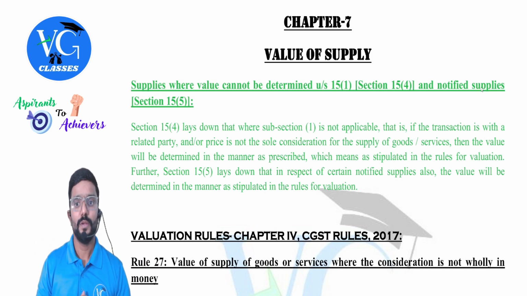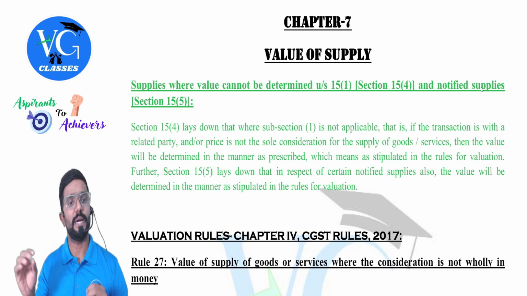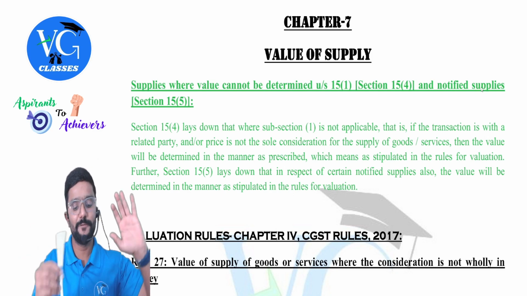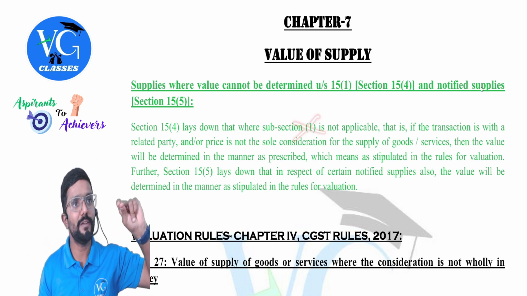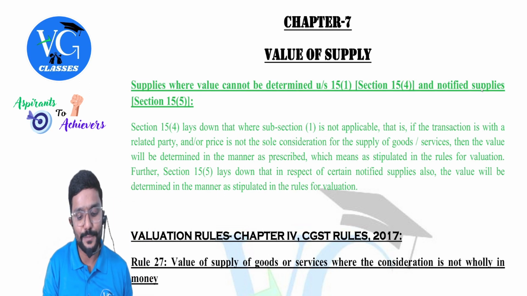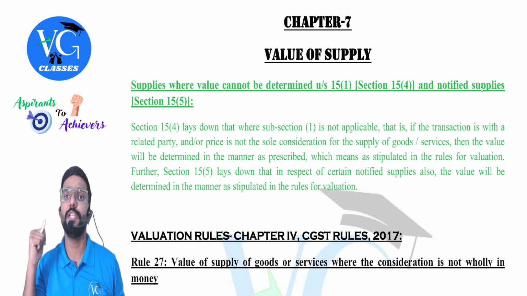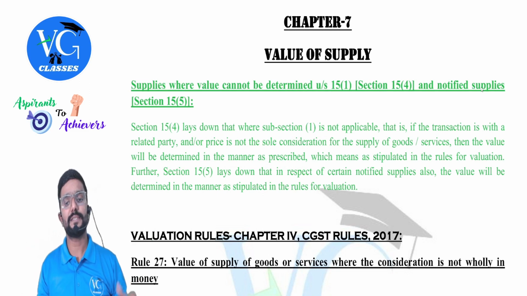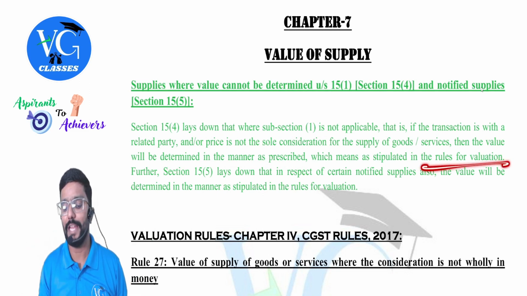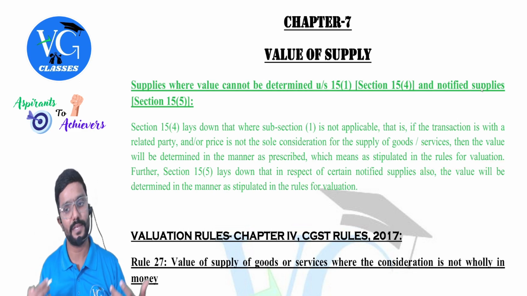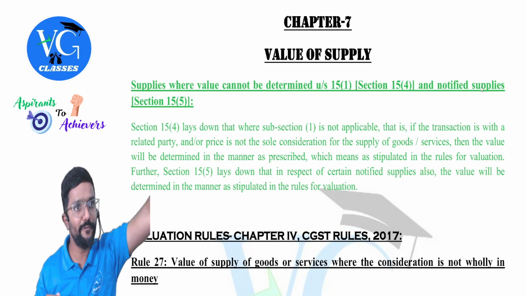Then the value will be determined in the manner as may be prescribed. So section 15.4 is telling that if 15.1 is not possible, then the value will be determined in the manner as may be prescribed. Where is it prescribed? In the rules, which means as stipulated in the rules for valuation. So is it covered for you guys? Yes. 15.4 done.